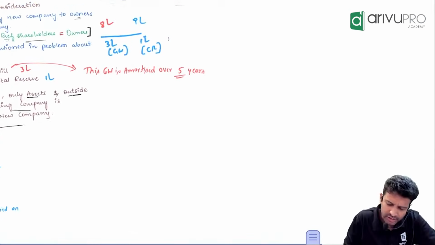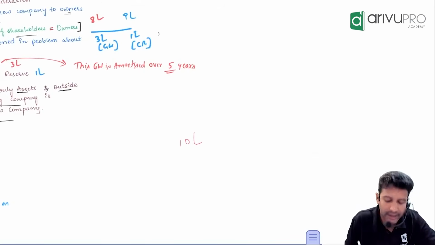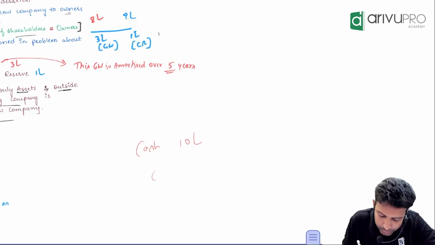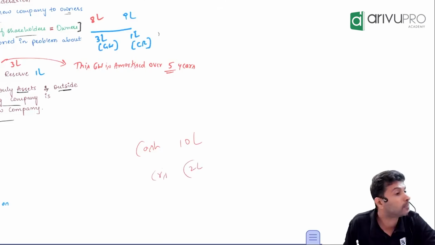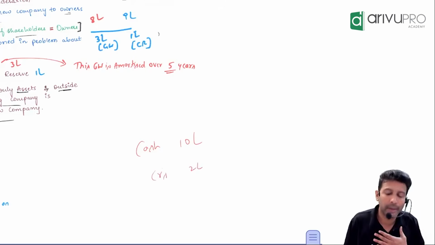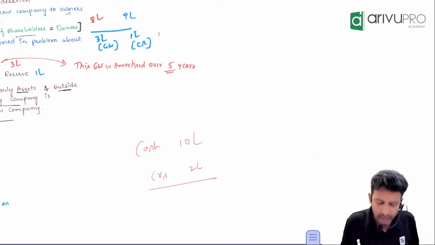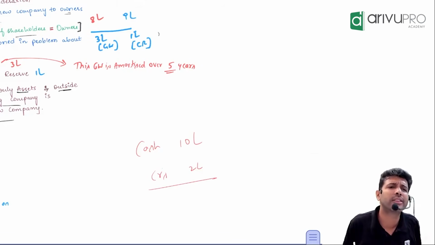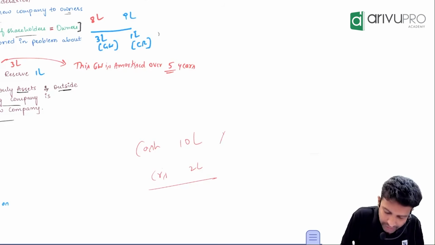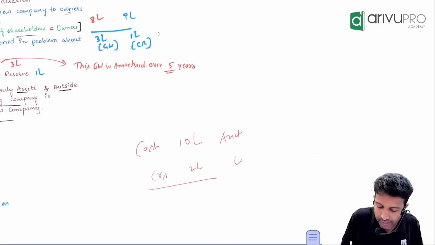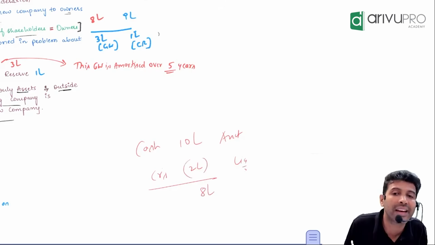Suppose I have 10 lakh cash. I have to pay a creditor 2 lakh rupees. How much cash do I have with me? 10 lakh. How much do I have to pay the creditor? 2 lakh. Can you tell me how much is my net worth? I have assets worth 10 lakh and liabilities worth 2 lakh. That means net, what is remaining with me? 8.